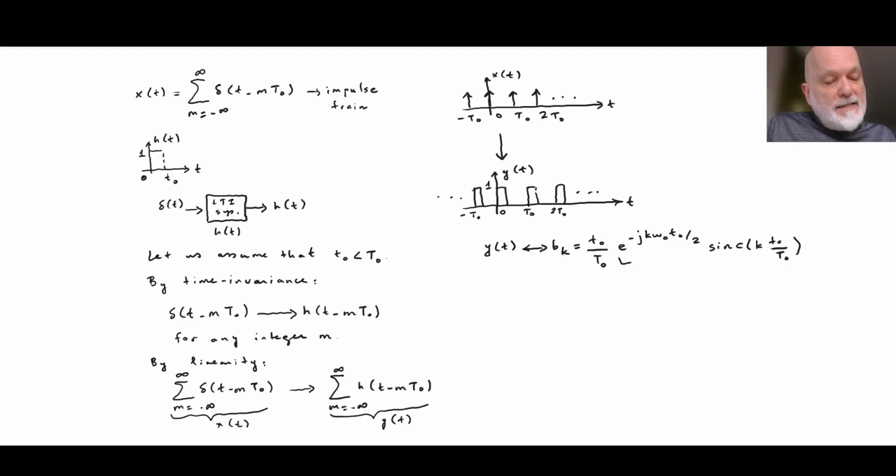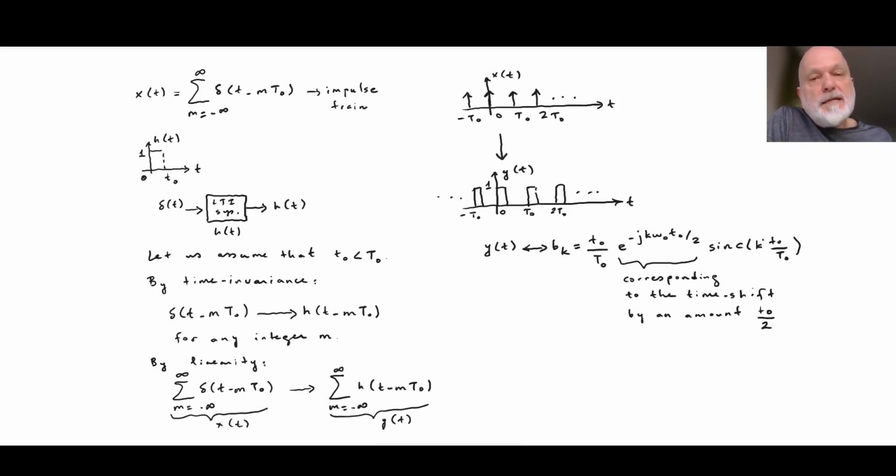So this corresponds to the time shift by an amount t0 over 2. And the remaining terms we recognize as the Fourier series coefficients of the rectangular pulse. So this is a different interpretation.